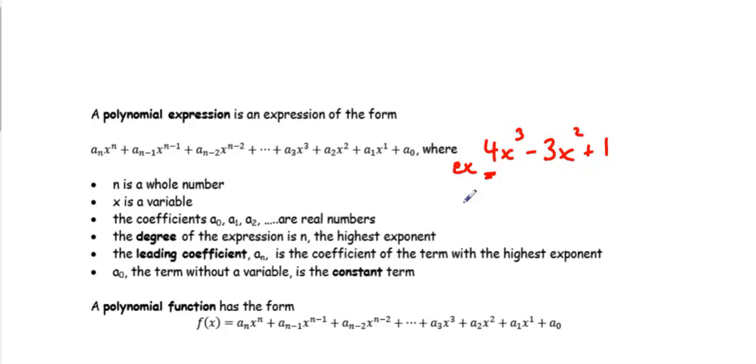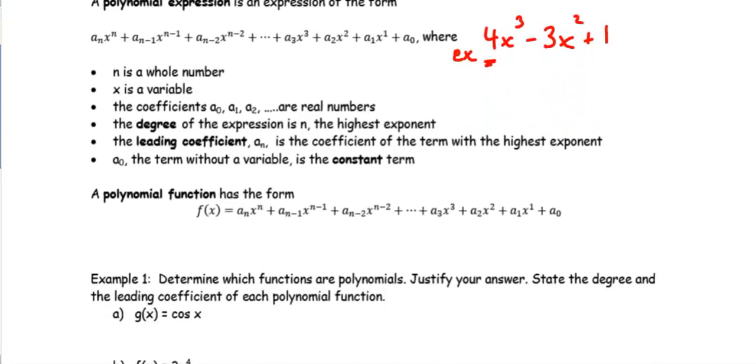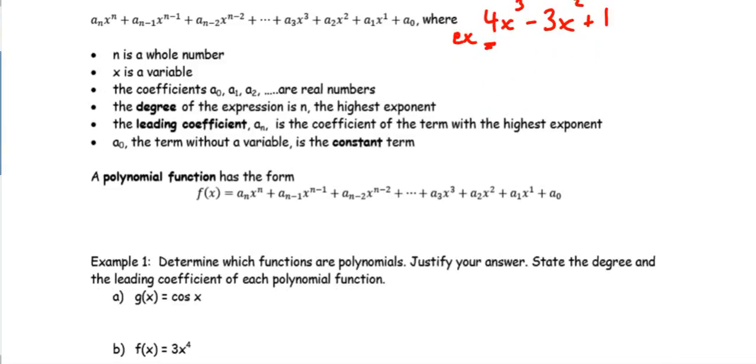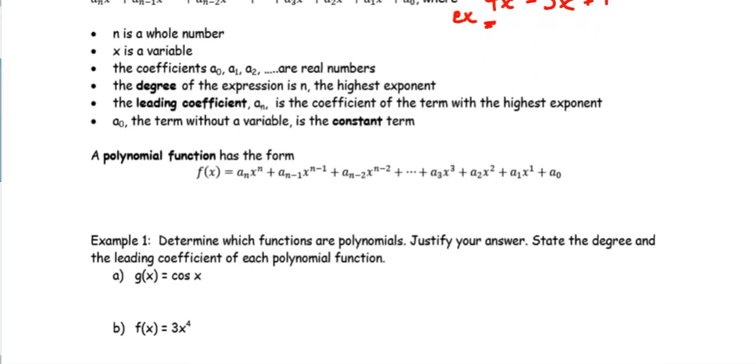So in this case, the leading coefficient would be 4. And a_0 is the term without a variable, the constant term, so in this case it would be 1. All right. So a polynomial function is just a function, not an expression, so it's the same as what we were talking about above, but it has f of x equals.